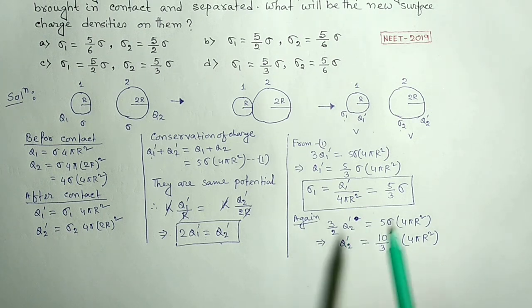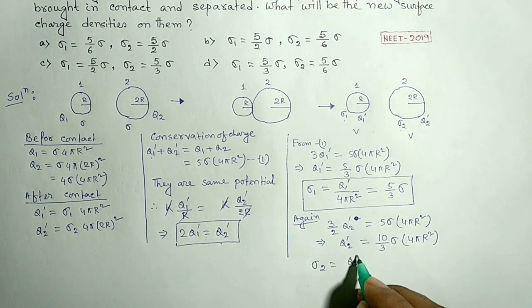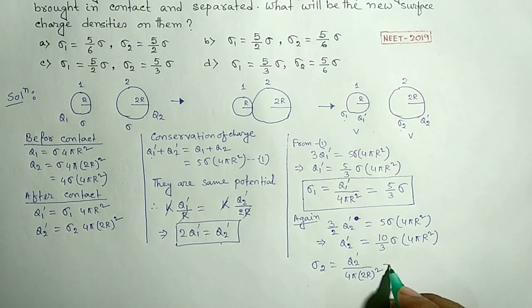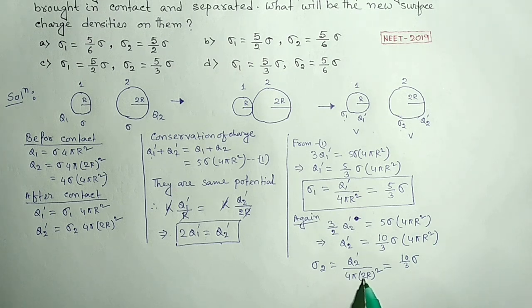Now the surface charge density of the second sphere, sigma 2, equals Q2 dash divided by 4 pi 2r square. It equals 10 by 3 sigma 4 pi r square, and here 4 pi r square cancels, divided by 4.